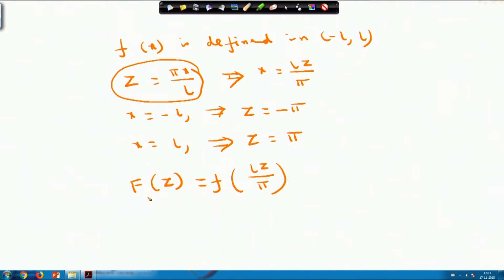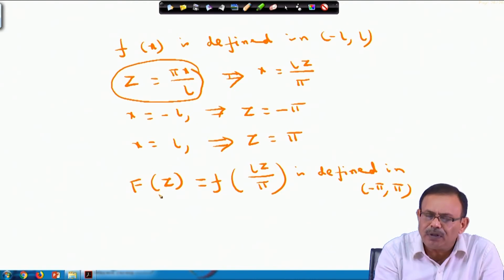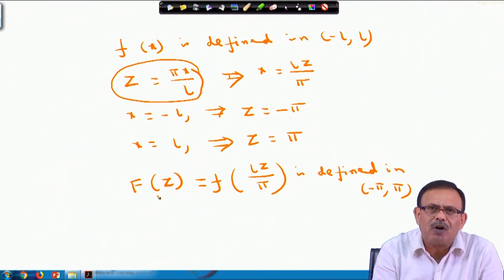It is a function of z, defined now in minus pi to pi. Once it is defined in minus pi to pi, I can expand capital F(z) in terms of a Fourier series, because I know the Fourier series of a function in minus pi to pi.